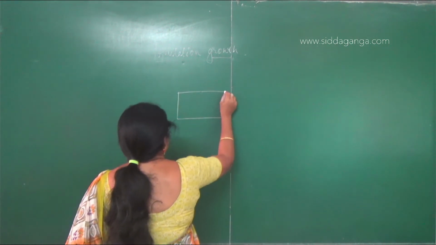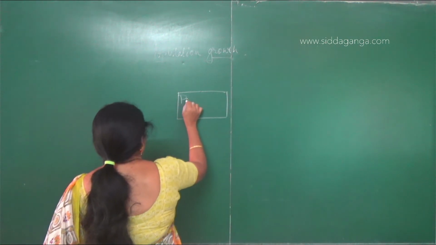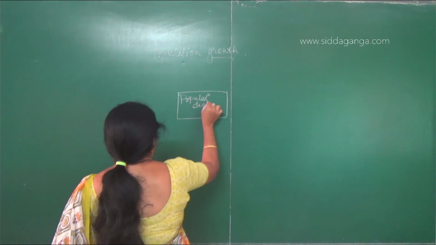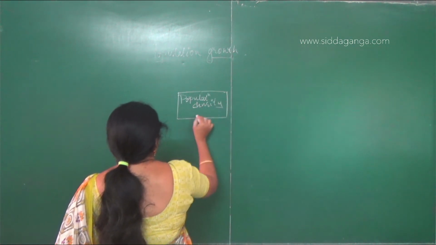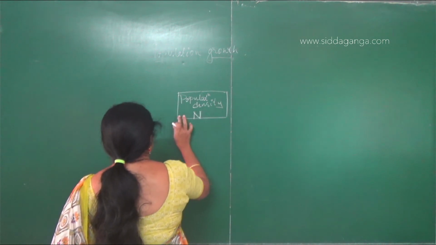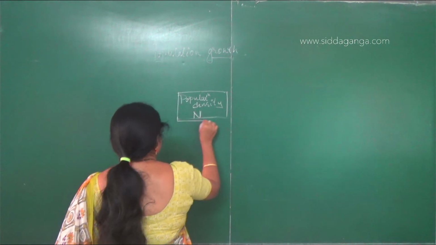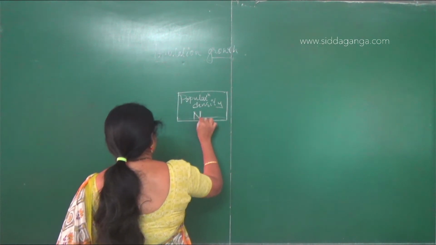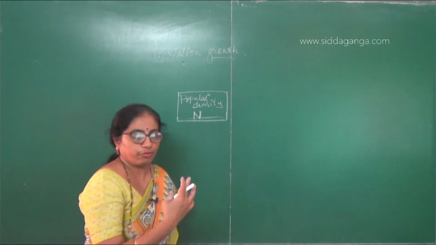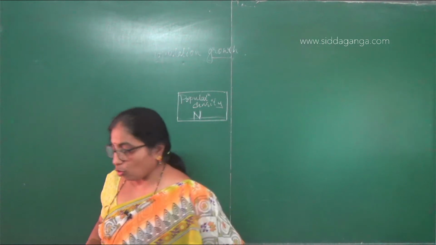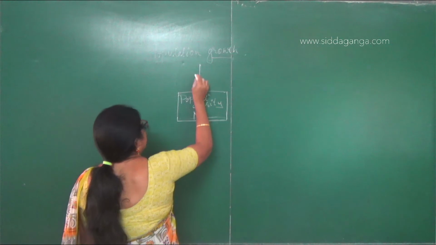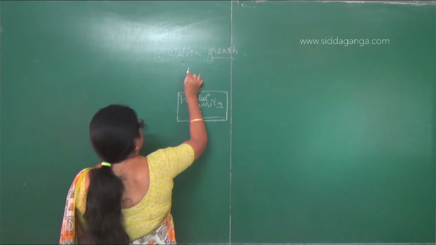So this is population density, which is denoted as capital N. And population density is influenced by four basic processes like natality.